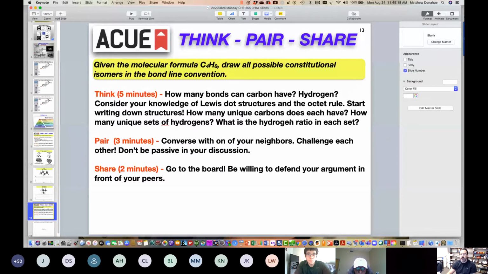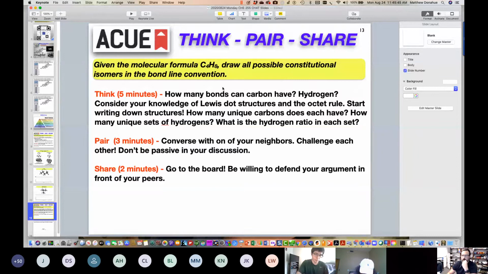So for this next activity, we're not going to spend time doing it during the chat. It's meant for you to follow up on the chat, but it's another ThinkPair Share. Now the molecular formula has changed to C4H8. Think about all the constitutional isomers you can draw for that.